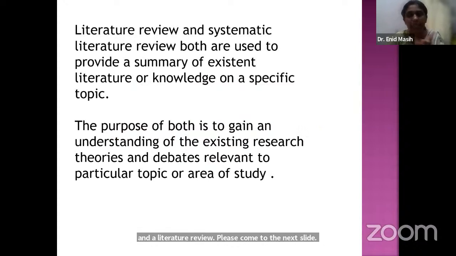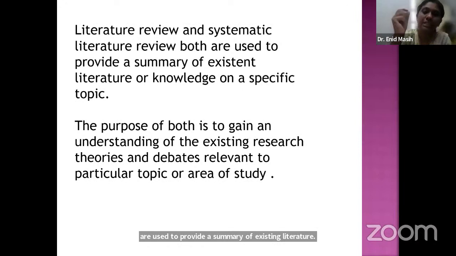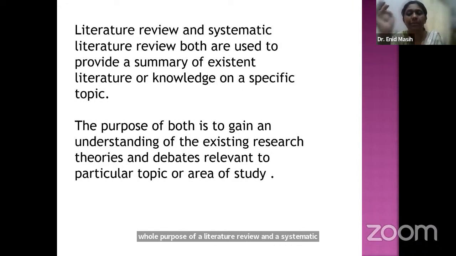So I think by now you must be able to answer what a literature review is and what a systematic literature review is. Both are used to provide a summary of existent literature or knowledge on a specific topic. We know that the whole purpose of both is to provide a summary of existent literature or knowledge on a specific topic.